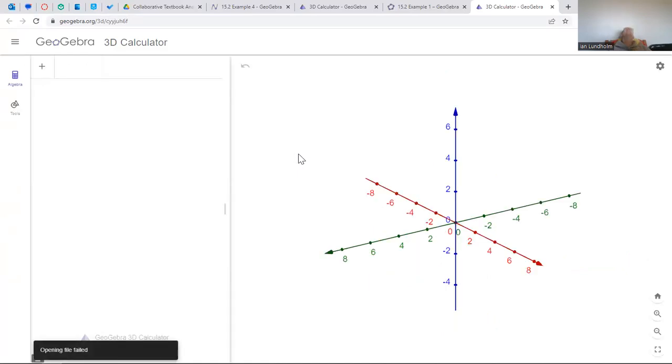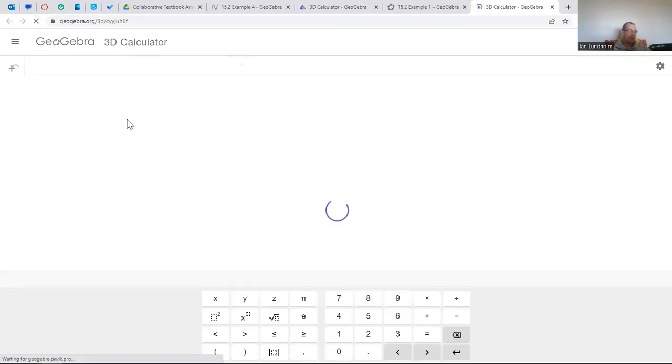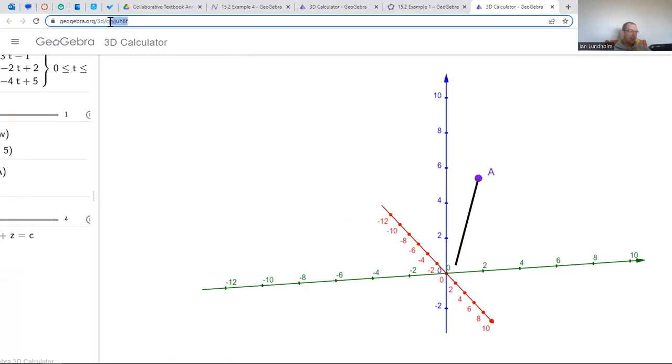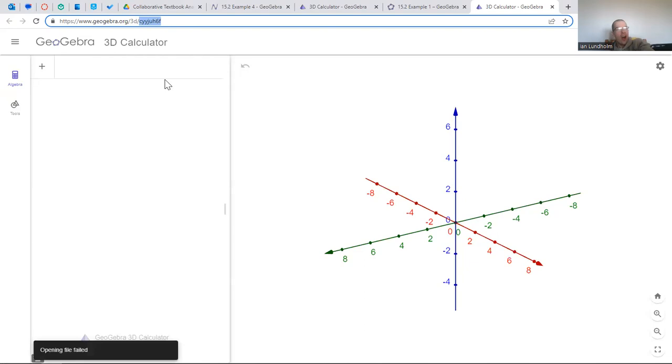Come on. What worked last time? Oh, I remember what worked. If this refresh doesn't work, we'll get there. Come on. It should. All of this should be fine.